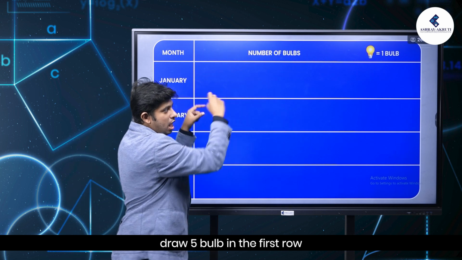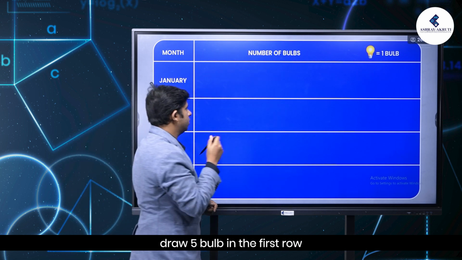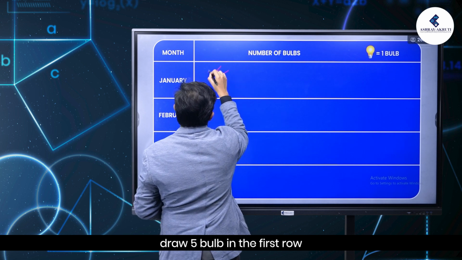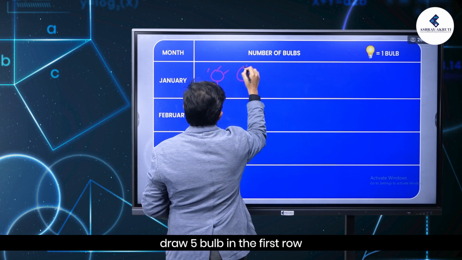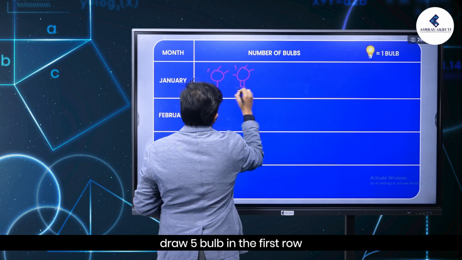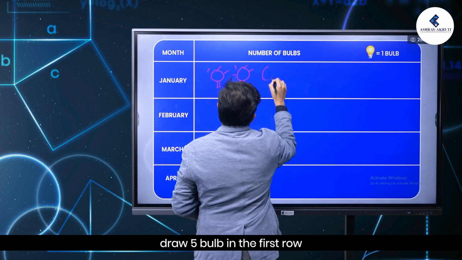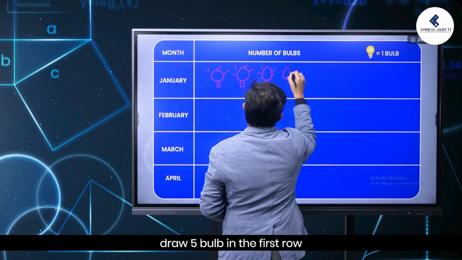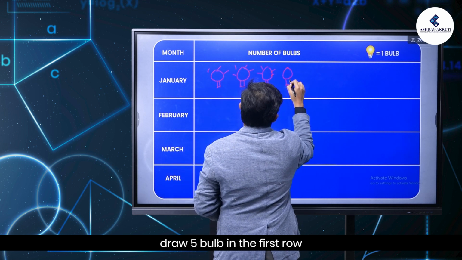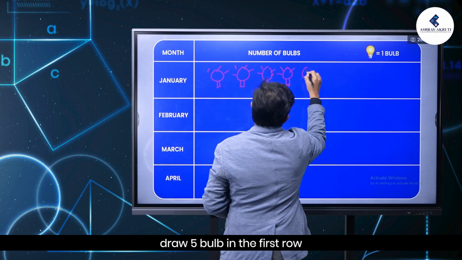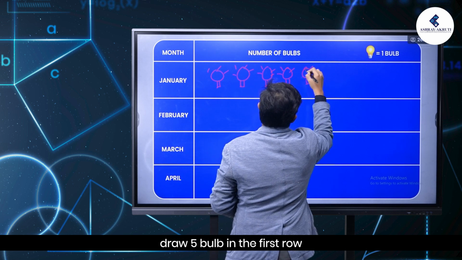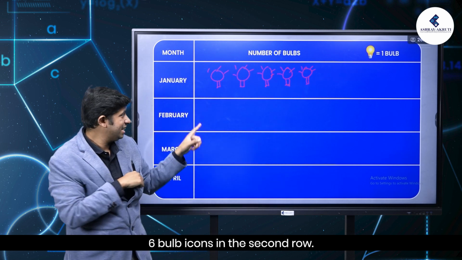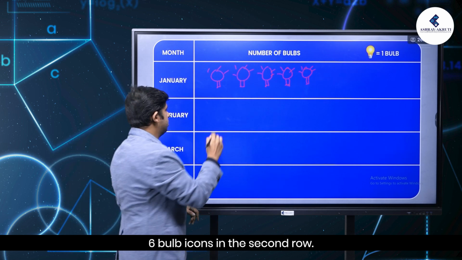Draw 5 bulbs in the first row. Six bulb icons in the second row.